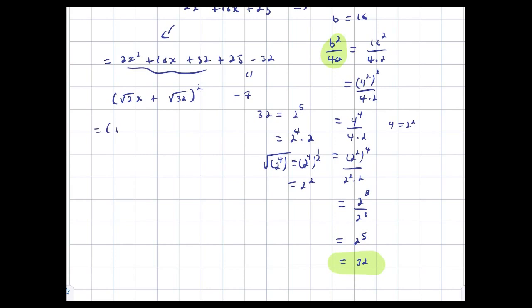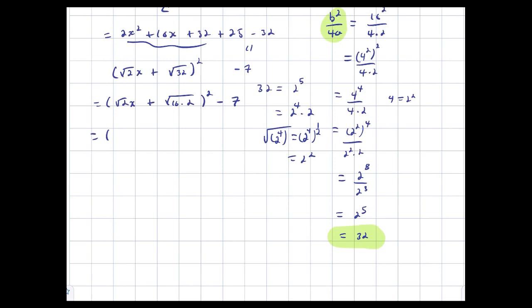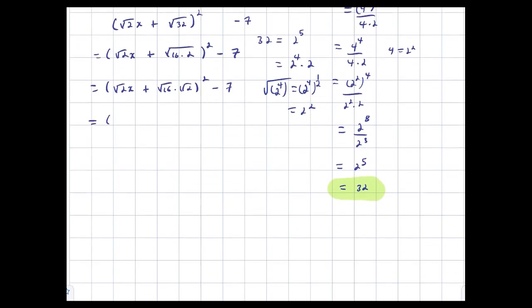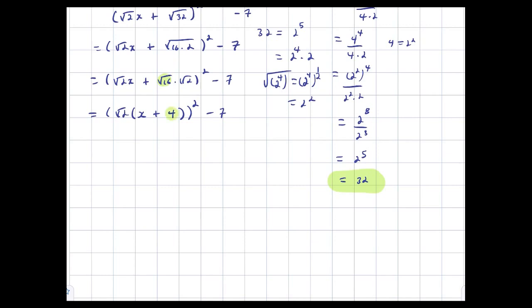We'll make this root 2x plus the square root of 2 to the 4, which is 16, times 2, squared, minus 7, which I can write as, being really step by step, root 2x plus root 16 root 2 squared minus 7, which is, again, root 2. I can factor, I'll skip a step, x plus 4 squared minus 7. And that's just using the fact that square root of 16 is 4.